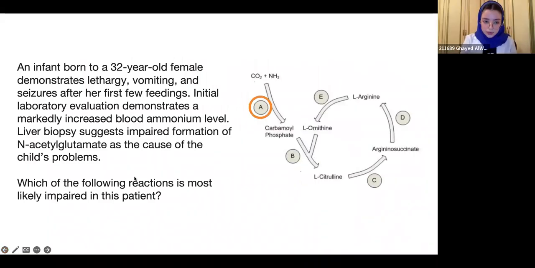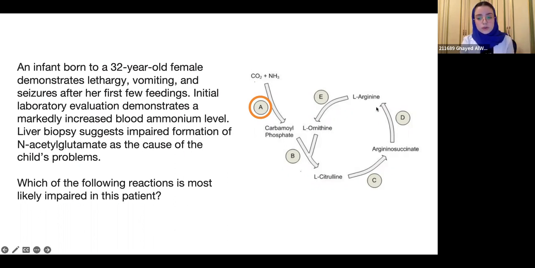Okay, I get what you're saying, but the question is mainly asking about N-acetylglutamate. So there's impaired formation of it for whatever reason, whether it's the enzyme or whatever, but we don't have N-acetylglutamate. And so they're hinting at which step N-acetylglutamate is directly activating. So that would be step 1.